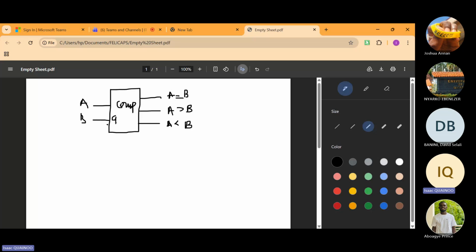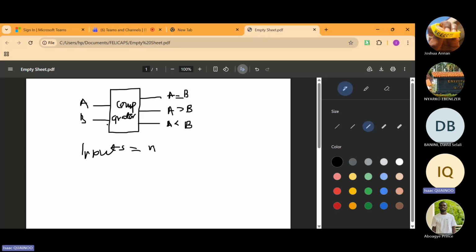Taking that again, we said that it takes n number of inputs. Let me write that: it takes n number of inputs, which is n. What we mean is that the number of inputs a comparator can take always varies.